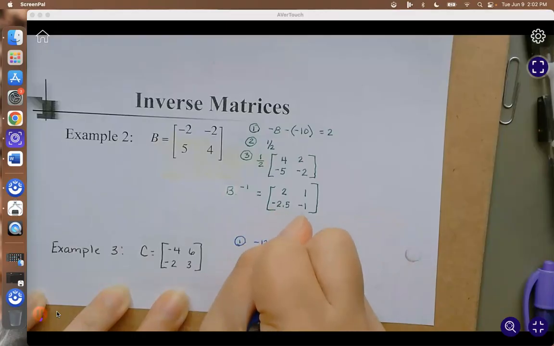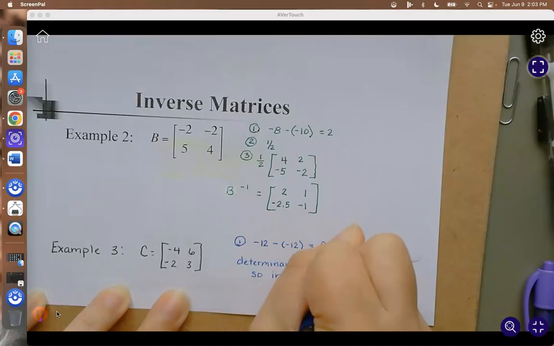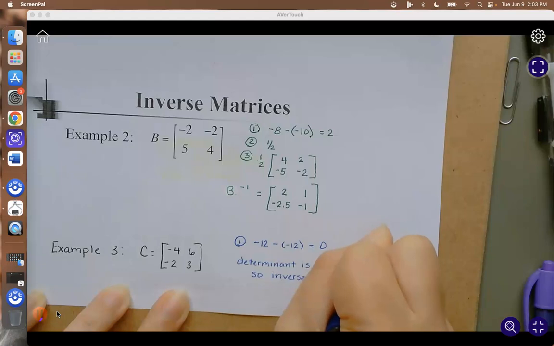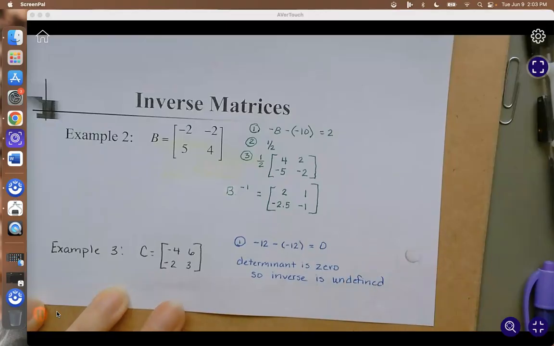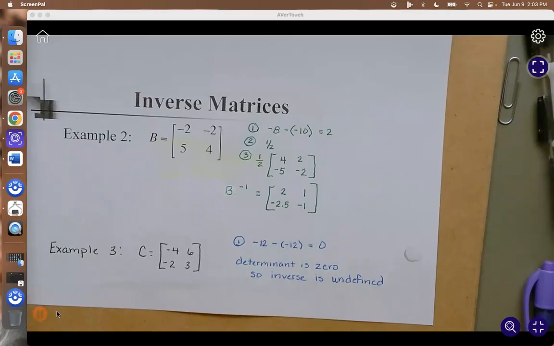So inverse is undefined because think about what you would have to do next. You would have to flip 0. So that would become technically 1 over 0. You cannot have 0 in the denominator. So that's why it goes kaput.